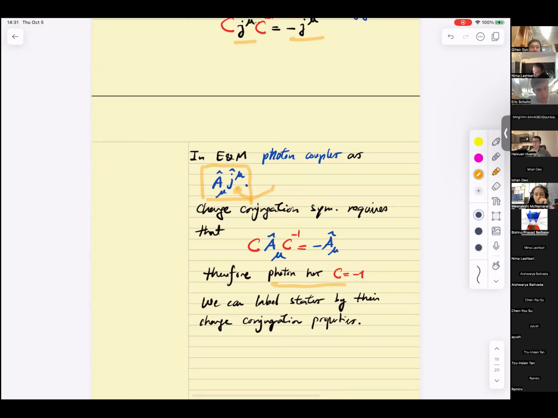So the photon should also have this -1. And if your action has the symmetry, all the particles in nature could always be labeled by plus or -1 corresponding to this Z2 symmetry.